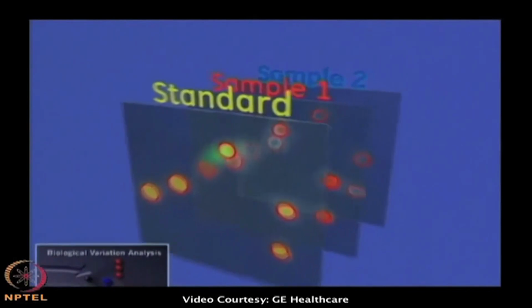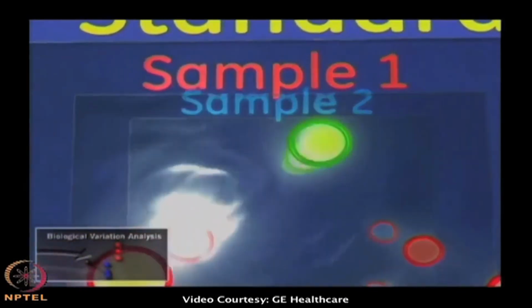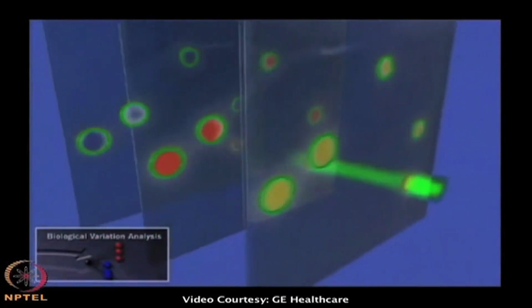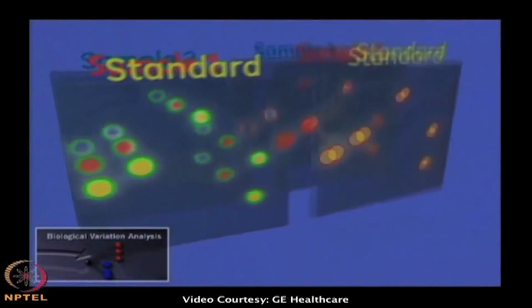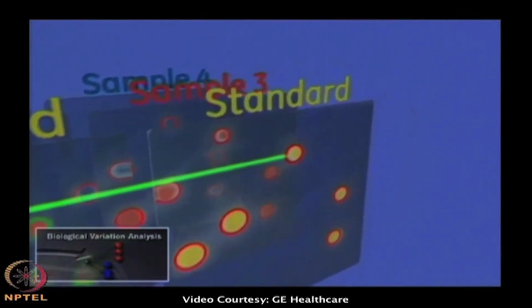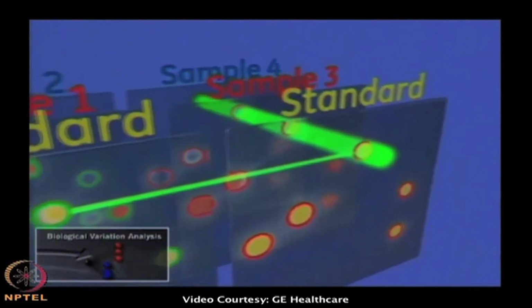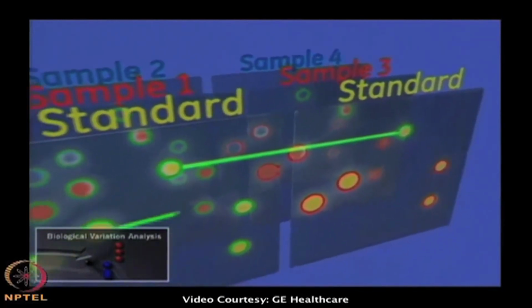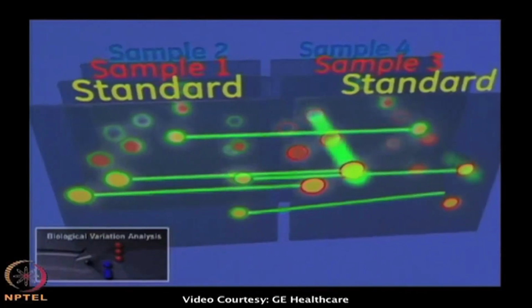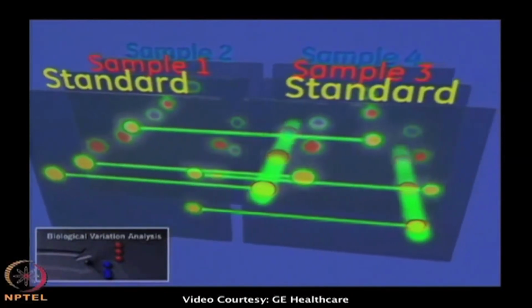After finishing DIA, we can go to BVA. In BVA, we can compare all DIAs together. As you can see in this video, first it matches between the standard gel, and from the standard gel to the corresponding DIA. It matches each individual spot, and it will give you the final data.